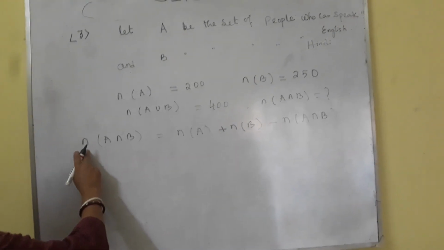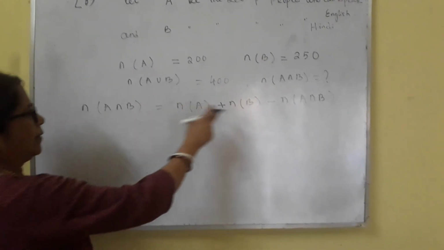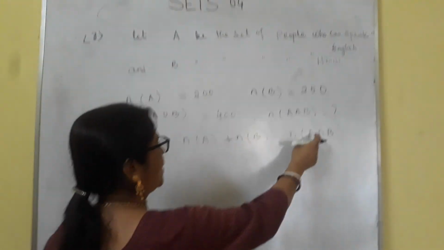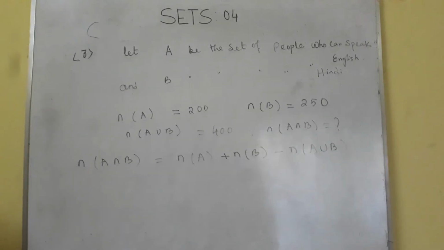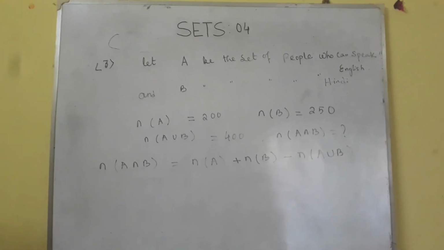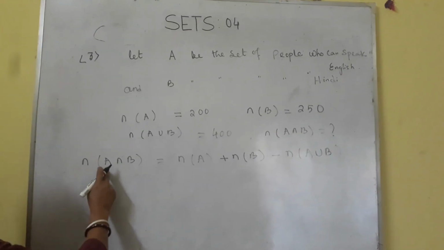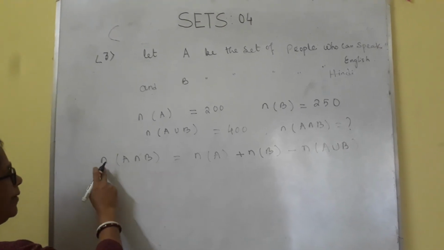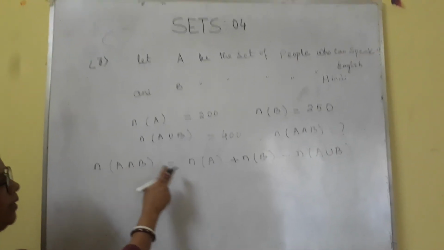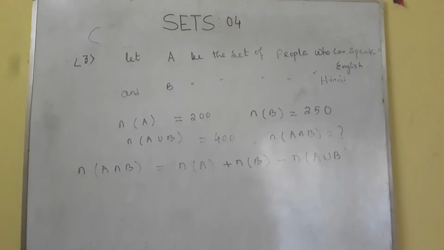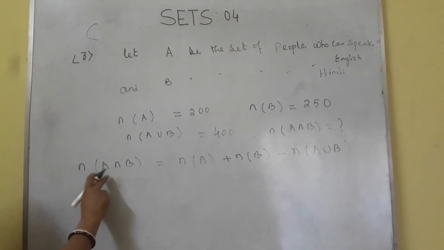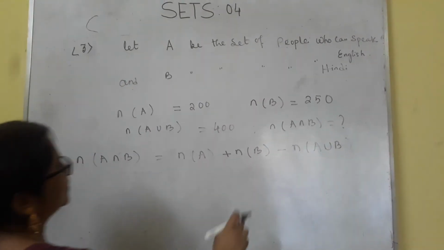Normally we write the formula n(A union B) equals n(A) plus n(B) minus n(A intersection B), but we can interchange and write the formula this way also.